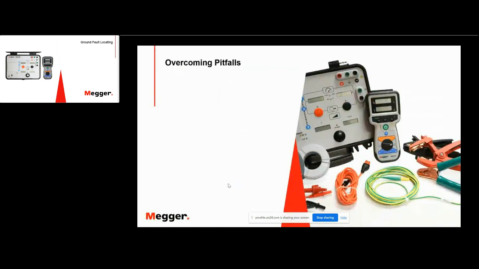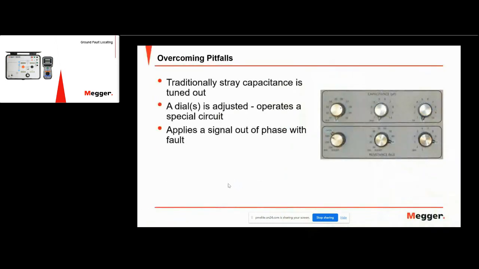So how do we overcome all these different pitfalls? Well, when we're talking about stray capacitance, one of the things that is a very traditional method to try to deal with this is attempting to tune out the capacitance. And typically this would be done with an internal Wheatstone bridge.